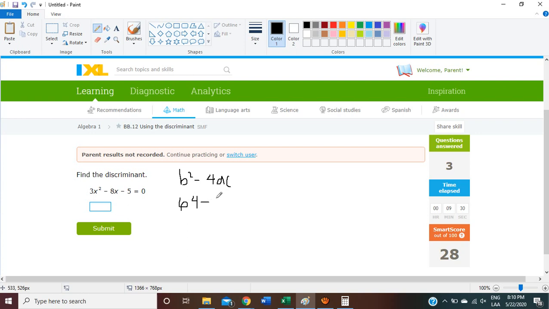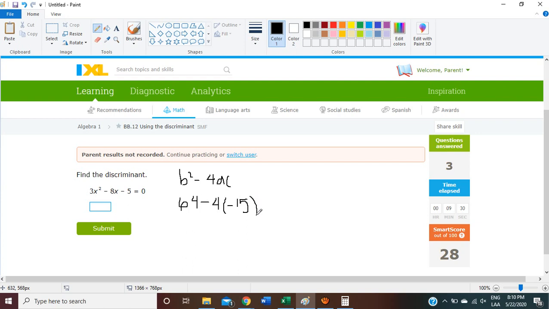Minus 4 times a times negative 5, so positive times negative equals negative. 3 times 5 equals 15.